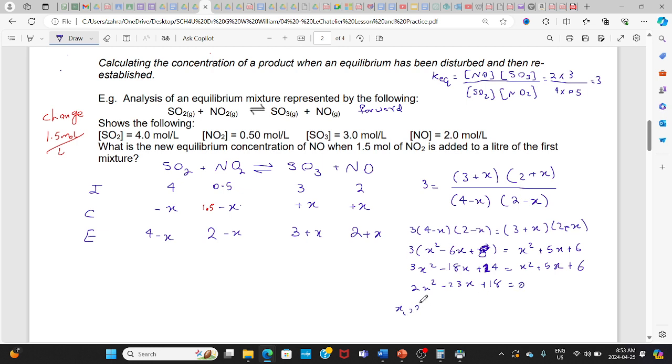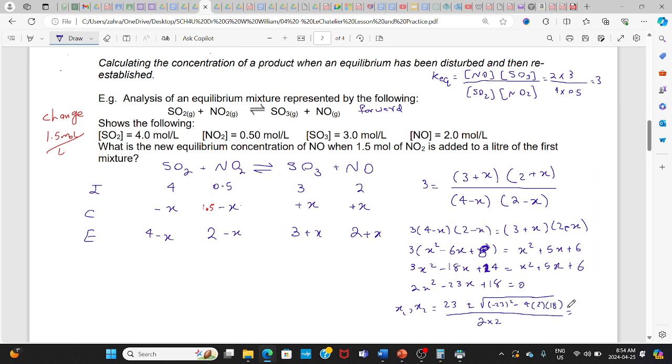So x1, x2 is 23 plus or minus the square root of, I really need my calculator. There is no answers here, but that's okay. B squared is negative 23 squared minus 4ac, divided by 2 times 2.